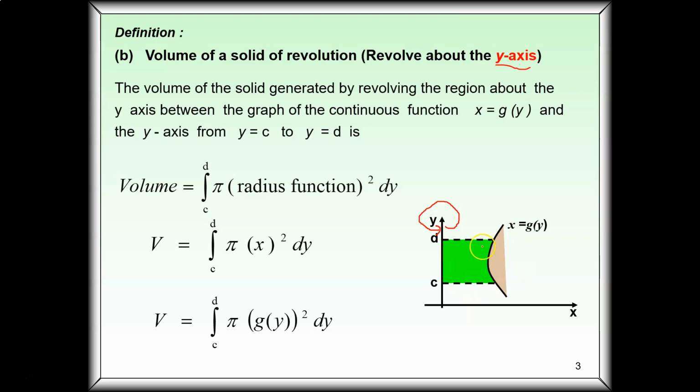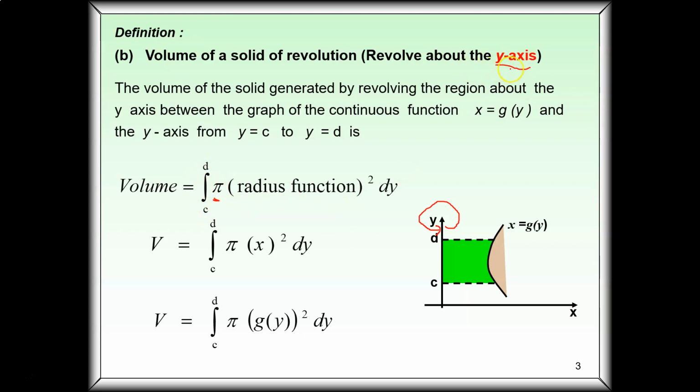This is the area or the region you're going to revolve, the green one, around the y-axis. You're going to get a shape quite similar to a cylinder. That's why we have pi over here, because when you have a cylinder or sphere, you need pi since it involves circles.